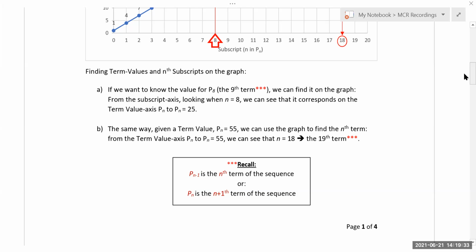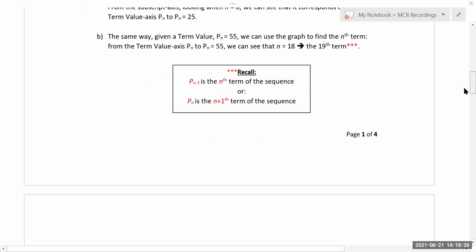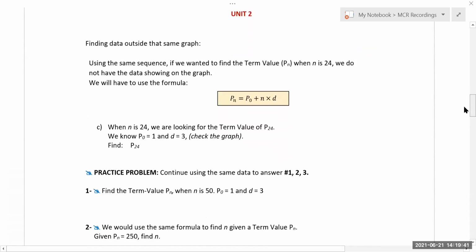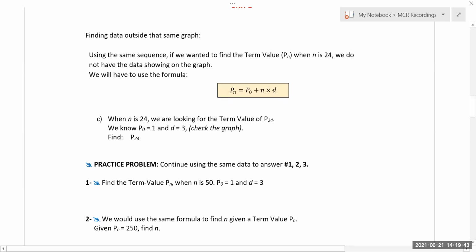All right, so how this applies is if we want to look at our data with that same graph, but we wanted to create a formula. Say for example, when n is 24, we don't have data on the graph. We want to find P of 24. But we can use our model that we have, Pn equals P0 plus n times d.